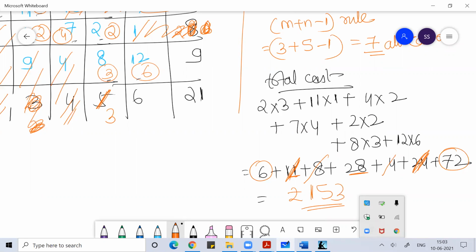Check this, guys. Any calculation mistake, let me know. This total sum should be 153. Any calculation mistake, please let me know.